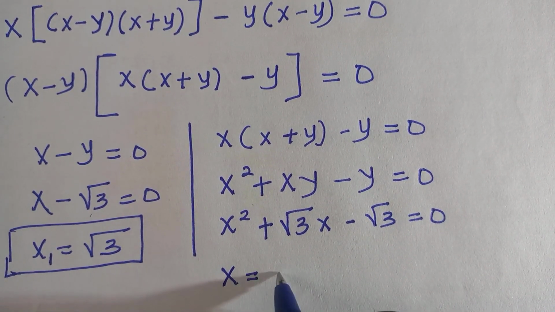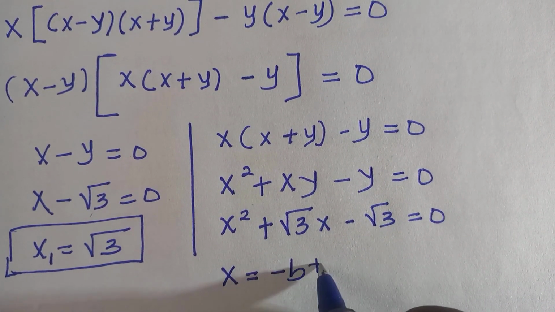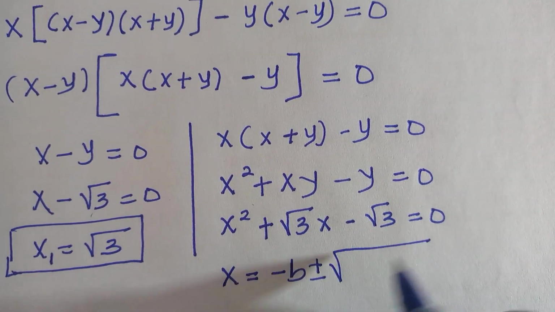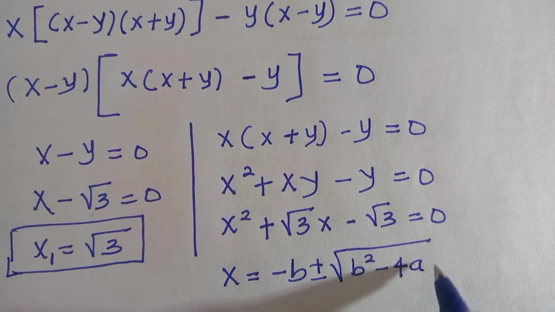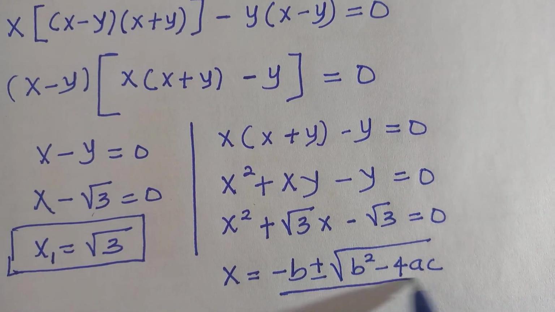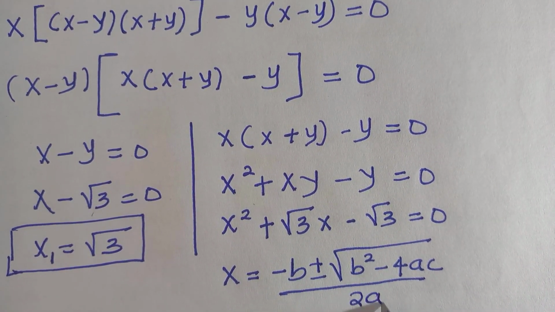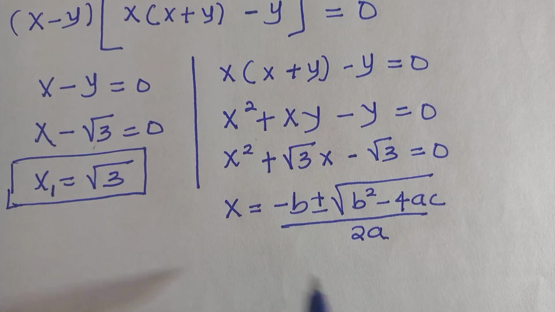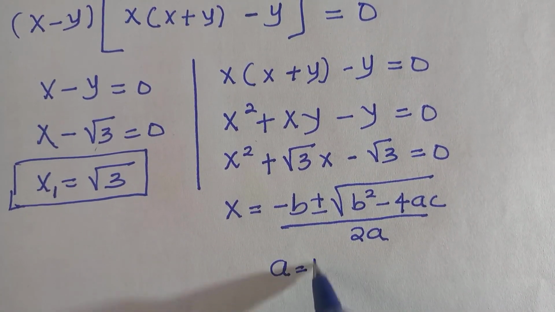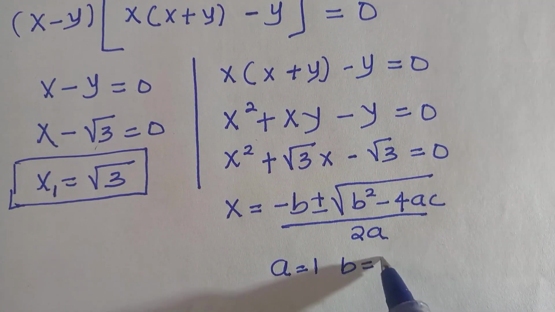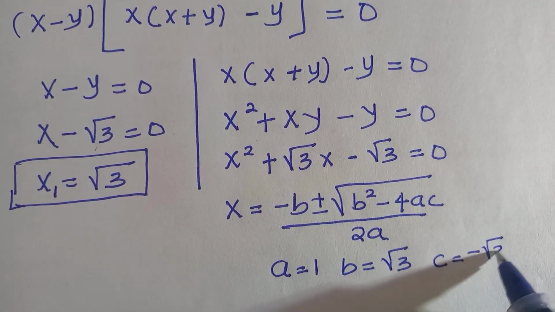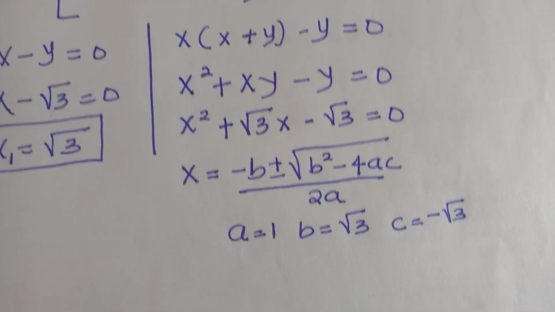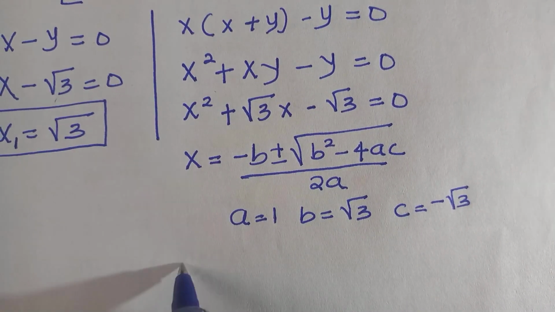And x is minus b plus or minus the root of b square minus 4ac, divided by 2a. And here is the general quadratic formula where a equals 1 from the equation above, b equals root 3, and c is minus root 3. Let's plug in all these values in this formula.